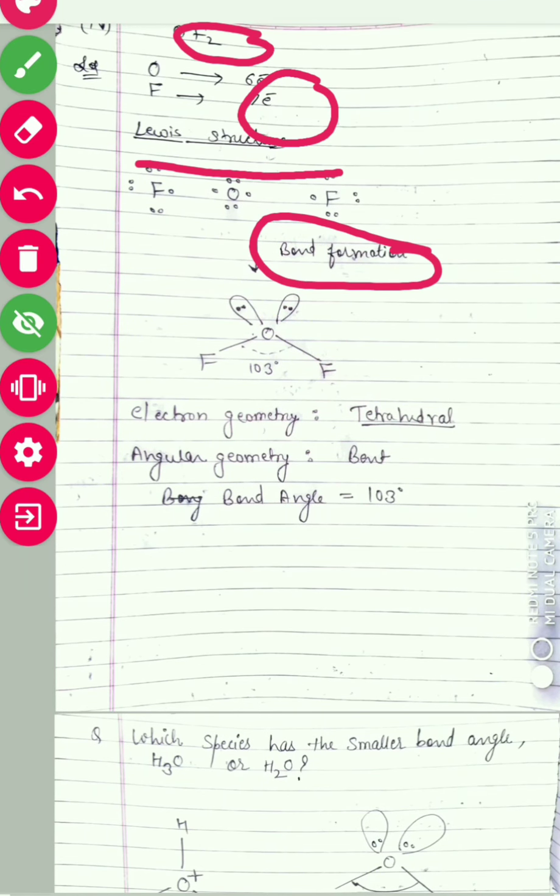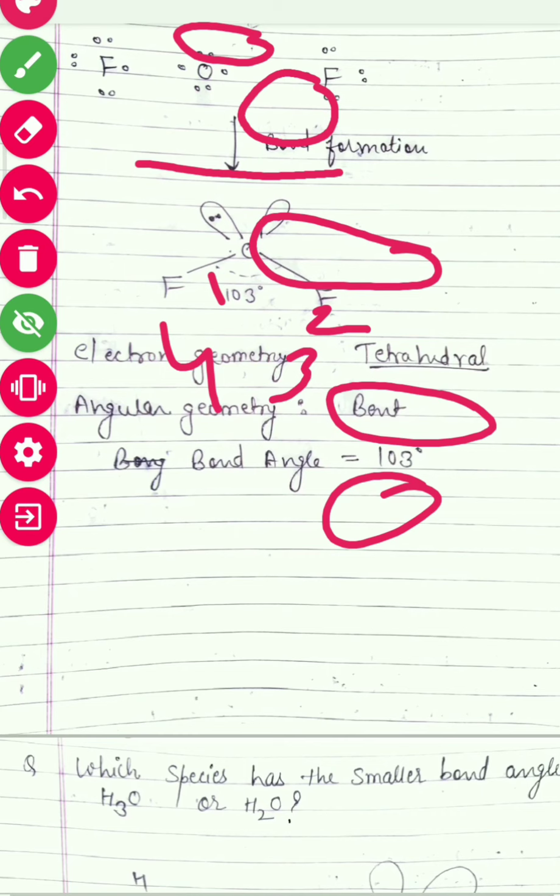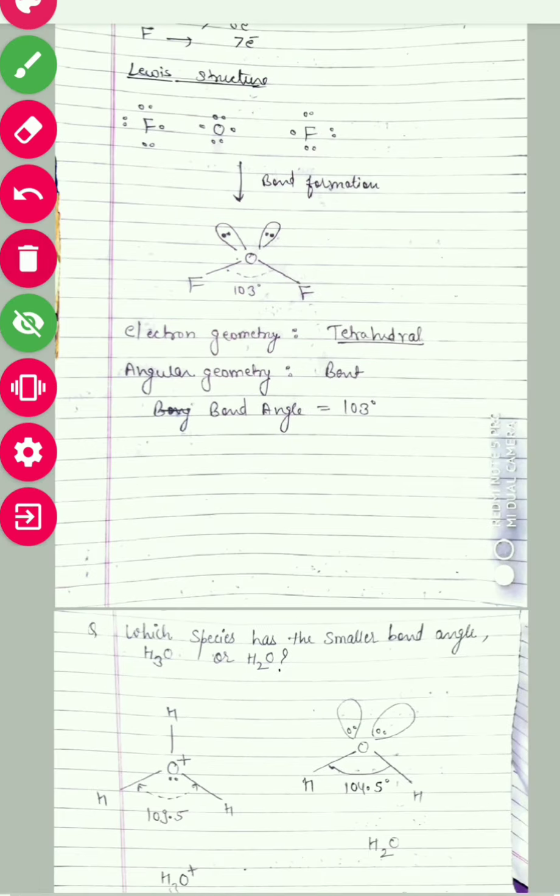Similarly, it will give a bent type of molecular geometry, while the electron geometry is again tetrahedral because of four electron domains. The angle between them is 103 degrees because of high lone pair repulsion.